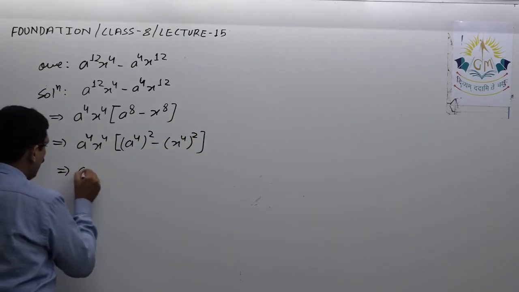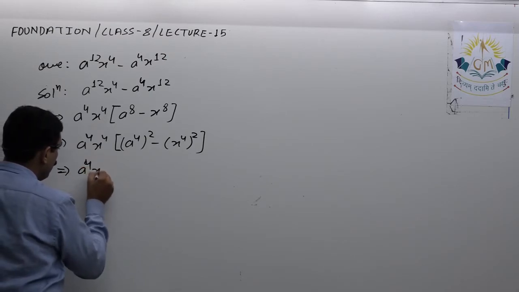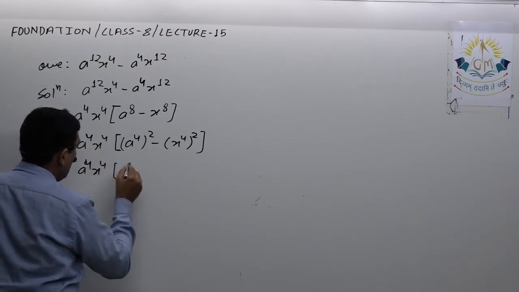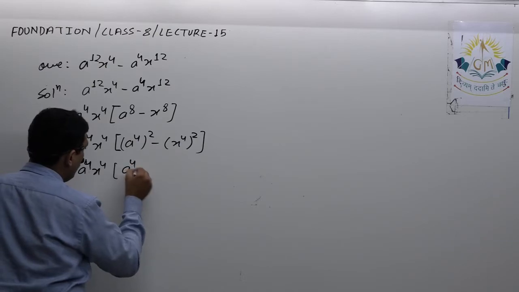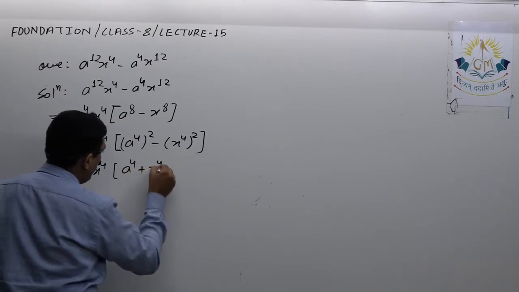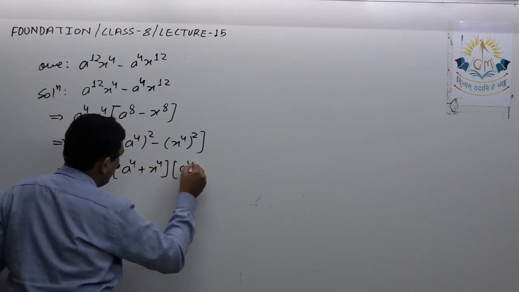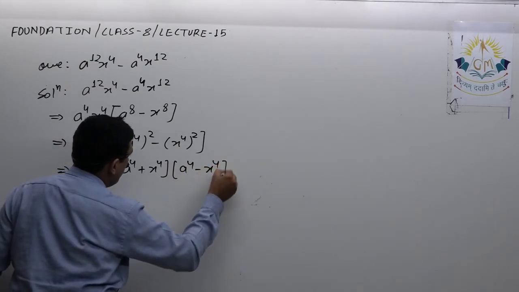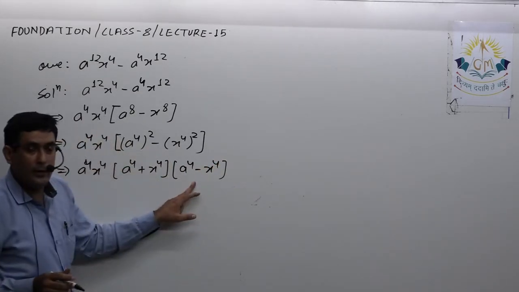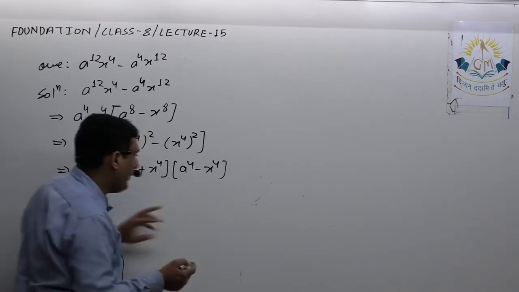Okay, further it can be written as a raised to 4 plus x raised to 4 into a raised to 4 minus x raised to 4. Now again this can be written in the form of difference of squares.